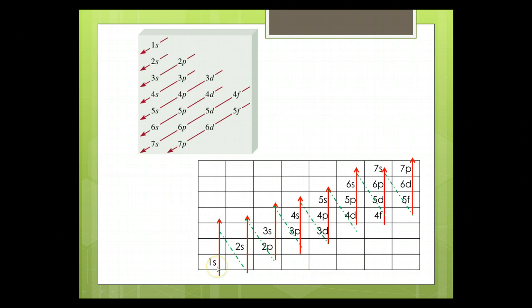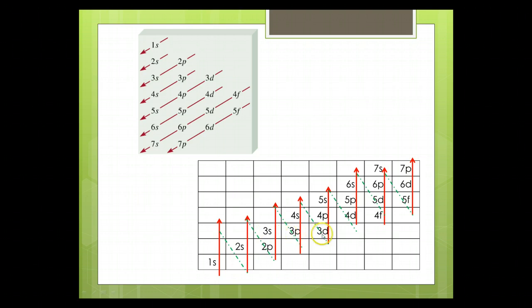I start down here on the bottom of 7 rows with 1s, then the second row up, the second energy level, I would have 2s, 2p. Third energy level, I'm going to go directly above the last one, and s always goes right above p, or you go offset by 1. So after that it's 3s, 3p, 3d.